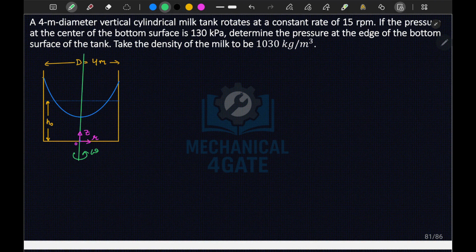Now we are rotating this at omega, and we have been given n is equal to 15 rpm. So omega is equal to 2 pi n by 60, and this is equal to pi by 2 radian per second.